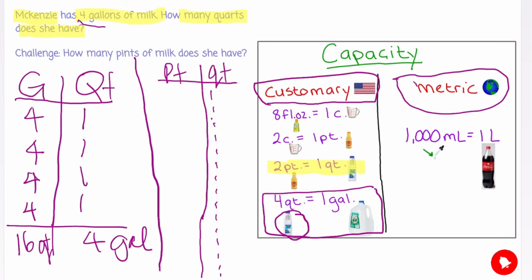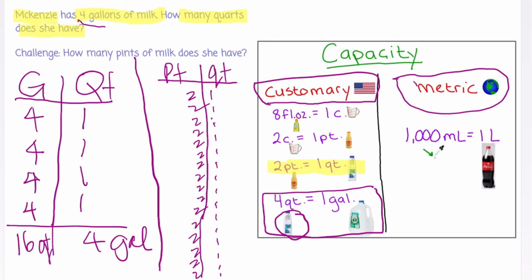Every time I see 1 quart, it means that she has 2 pints. Okay? So 1 quart gives me 2 pints. 2. So 1, 2, 3, 4, 5, 6, 7, 8, 9, 10, 11, 12, 13, 14, 15, 16. Every time I see 1 quart, I find myself with 2 pints.